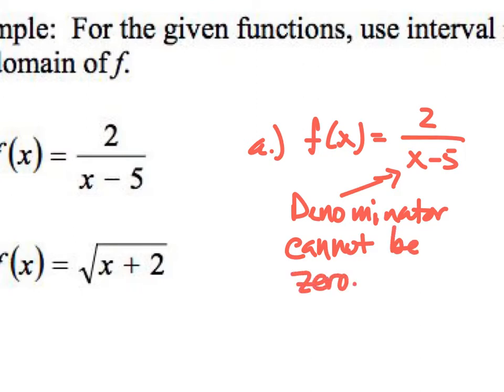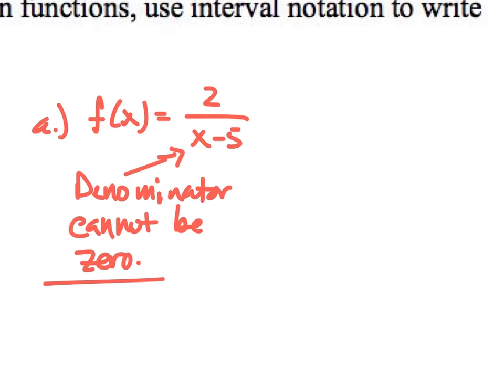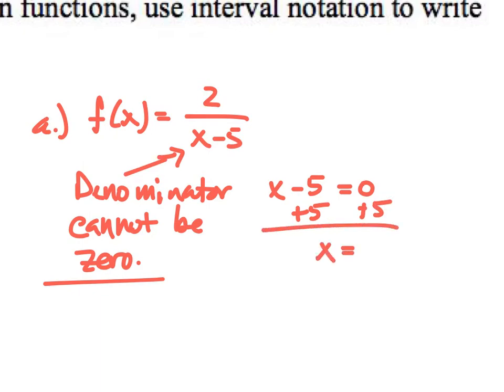So that's going to help me find my domain. What I want to do is take my denominator, set it equal to 0, and add 5 to both sides. And I'm going to get that x is equal to positive 5.